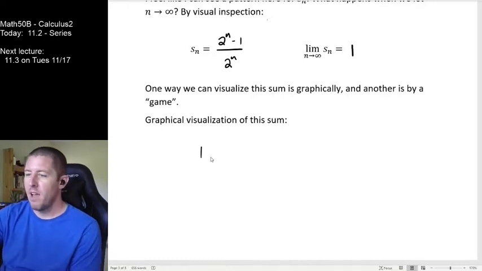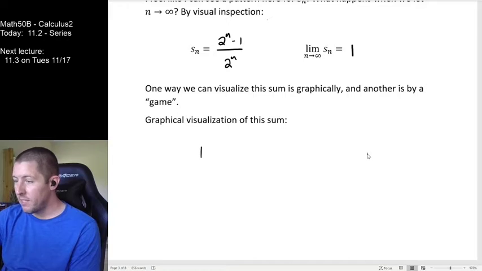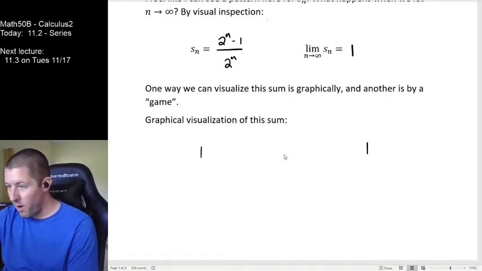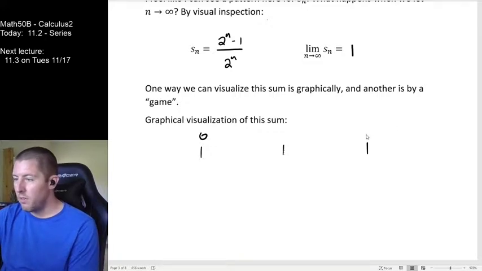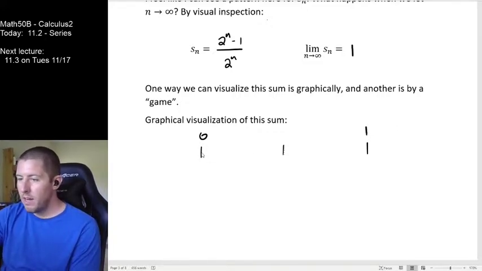And so here's the way that I'm going to picture this. What I would like to do is indicate where we are so far. And so here's 0 and here's 1. Notice that if we are at n equals 1, then we have so far accumulated a length of 1/2 in total, right?